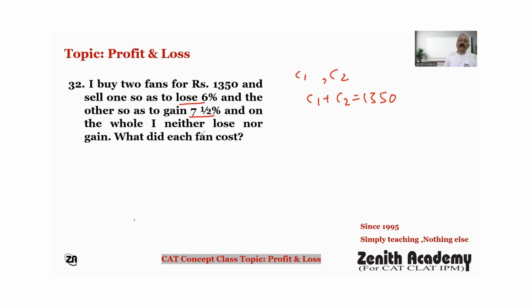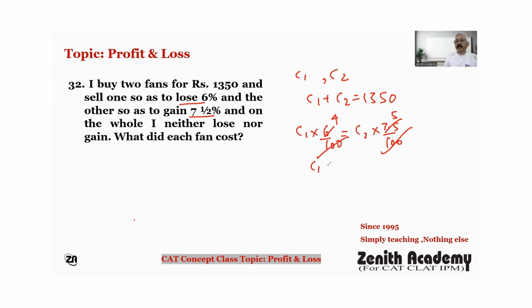Here the loss of 6% is equal to the gain of 7.5% on the other. It means when there is no loss, no gain, loss amount and gain amount both are same. So 6% of C1 is equal to 7.5% of C2. This cancels. So 15, 4, 5.